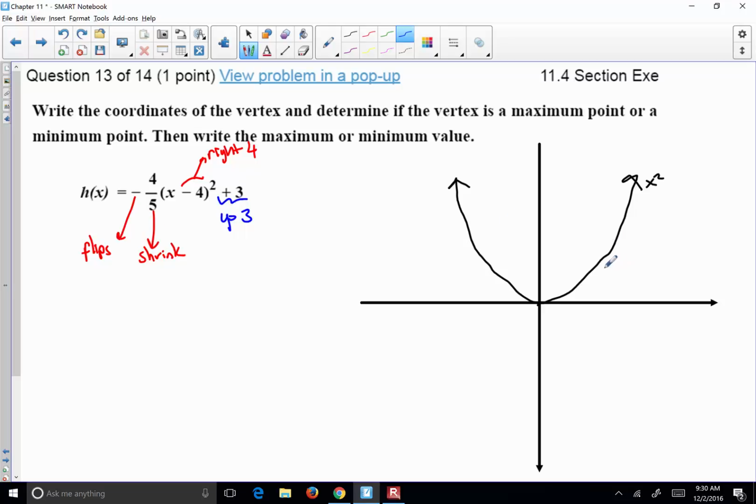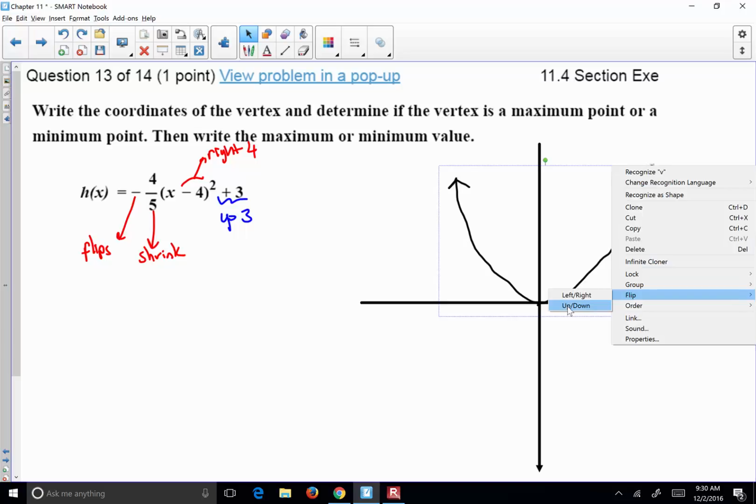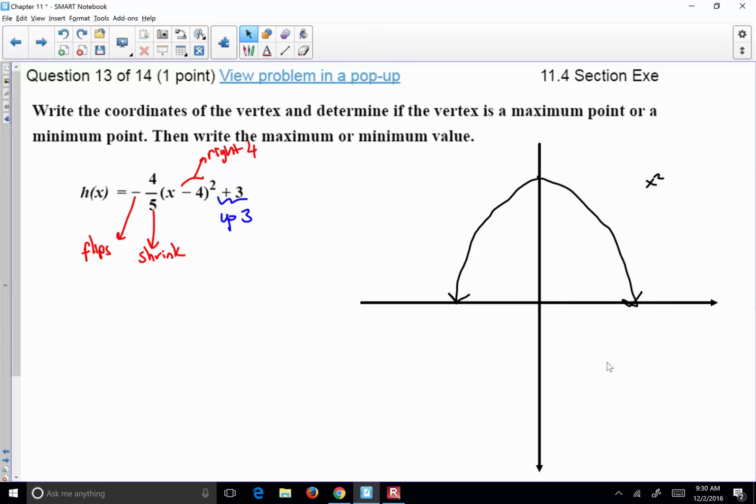Let's first flip this thing. Is that right, flip? I flipped it, is that right? Correct? No. When I flip, the vertex shouldn't move, it should stay on the origin.